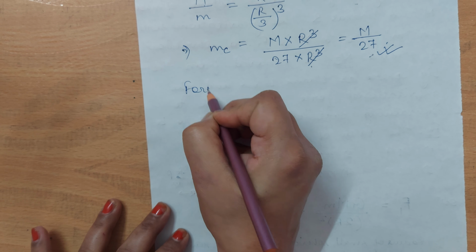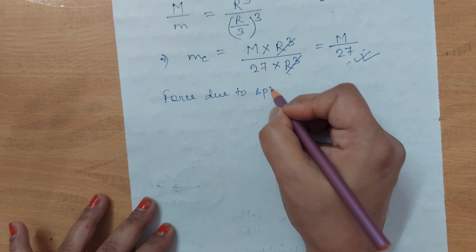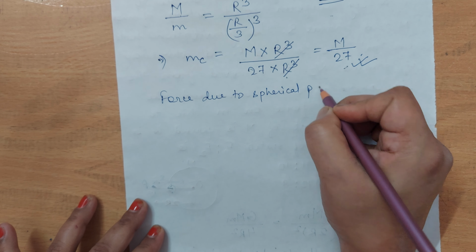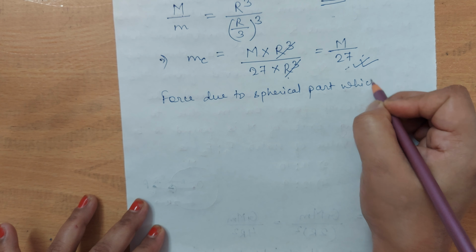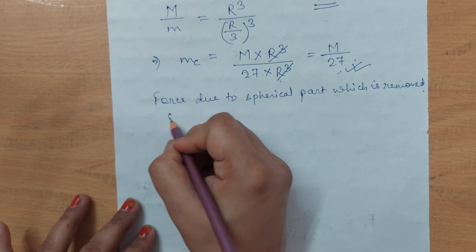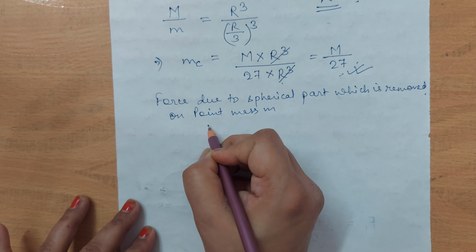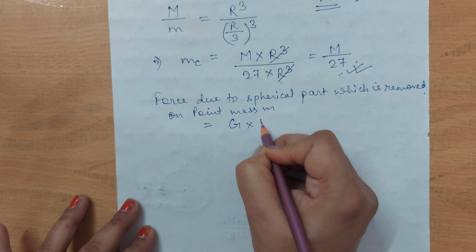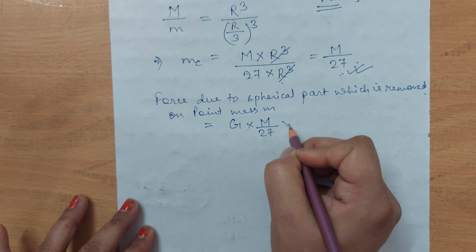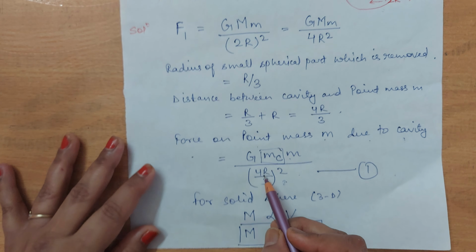So the force due to the spherical part which is removed on point mass m is equal to G multiplied by M by 27 multiplied by small m, which is the mass at the point P, divided by (4r by 3) whole square.